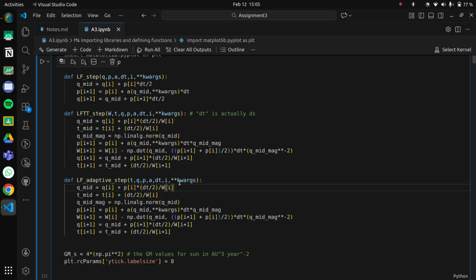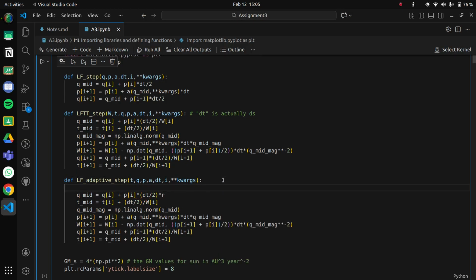So now it's just going to be times R. So R, as it turns out, is just Q mid, or more like np.linalg.norm of Q. Yeah, that's the thing. Or I'm just going to call it the scaling factor. So it's just R. I'm just going to define it as R. So this times R.